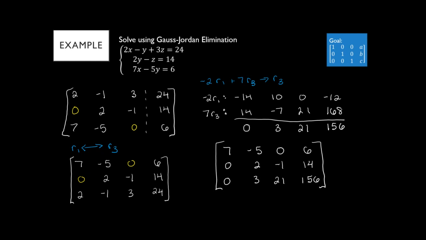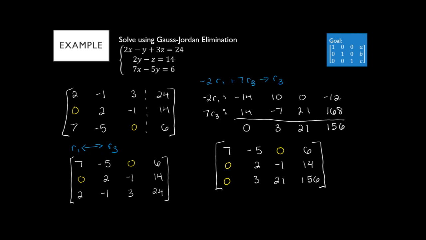If it helps you, you can highlight all the parts that we have that are what we want them to be, just to help you keep track. So now I've got my zeros in the first column, and I want to get some zeros in the second column. And I noticed that last row, I've got 3, 21.